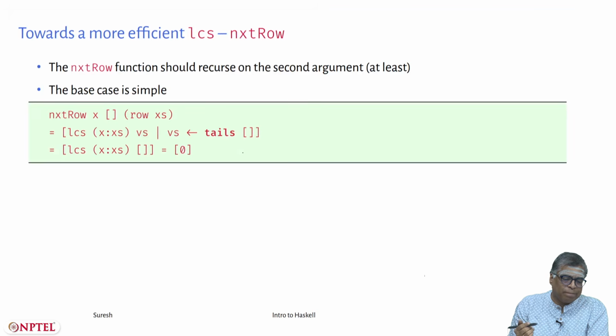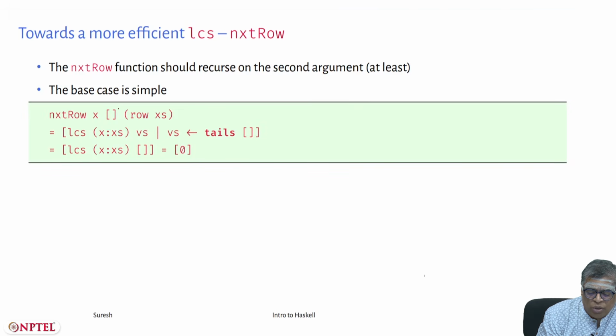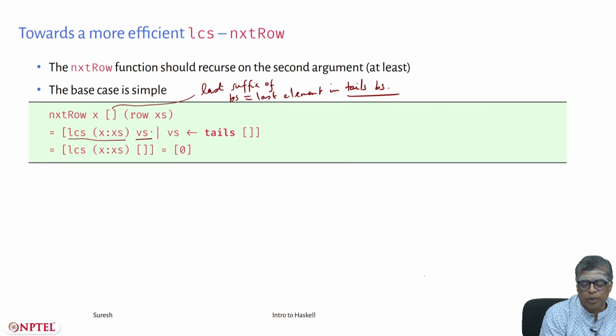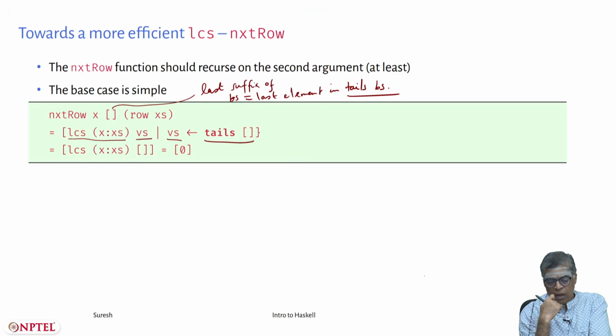So let's try that. The base case is simple. Nextrow x of the empty list, okay, so this is the last suffix of Bs, equals the last element in tails of Bs. So for nextrow x of the empty list, row of xs, what you want to compute is LCS of x:xs with respect to vs, where vs comes from tails of the empty list.